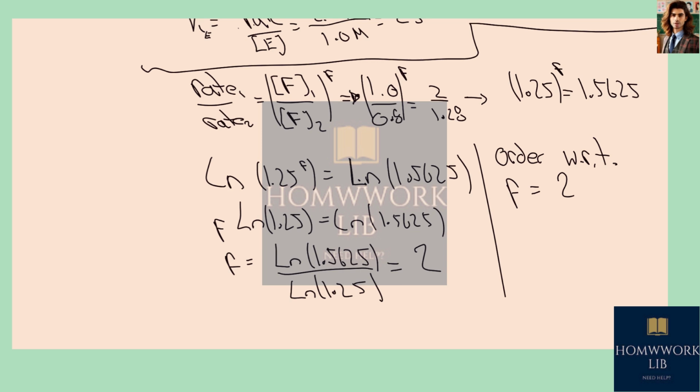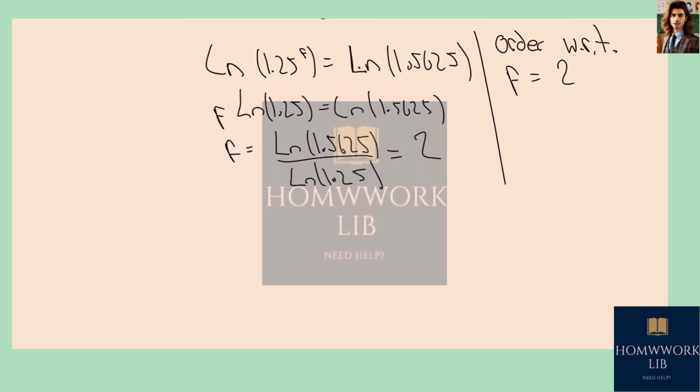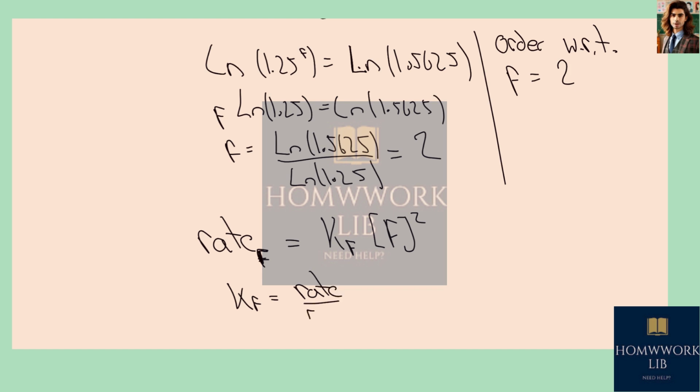Thus, our reaction rate, in this case the rate for the reaction involving F, is going to be equal to a rate constant for this compound F times the concentration of F squared. We can get the value for the constant of F by taking one of the instantaneous rates divided by the concentration of F squared, and we're going to take for simplicity the first experiment.